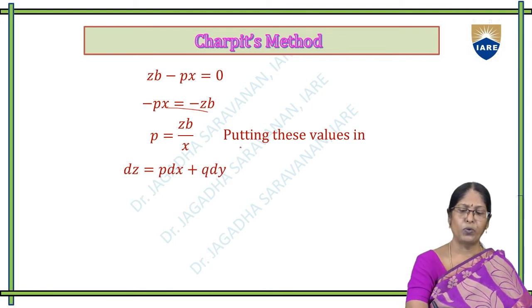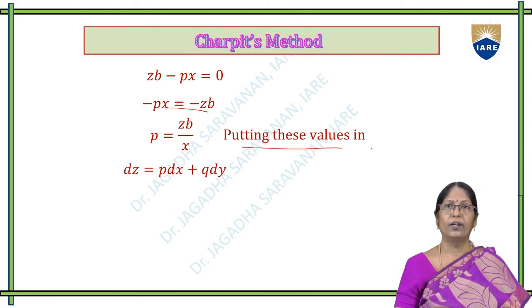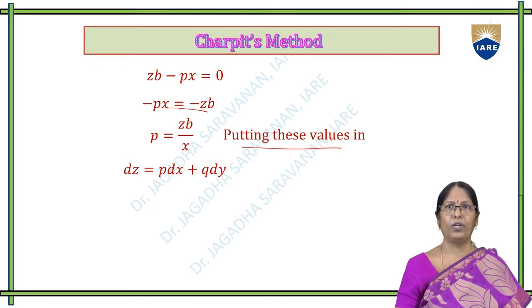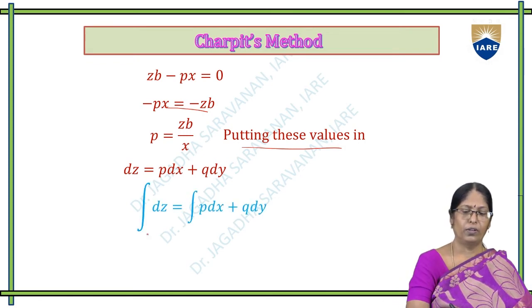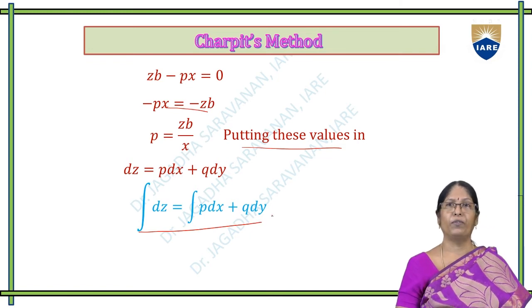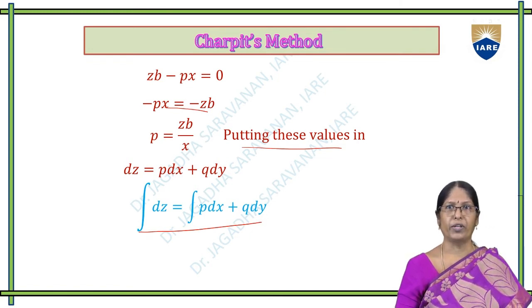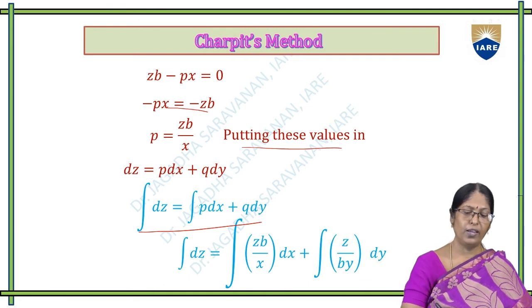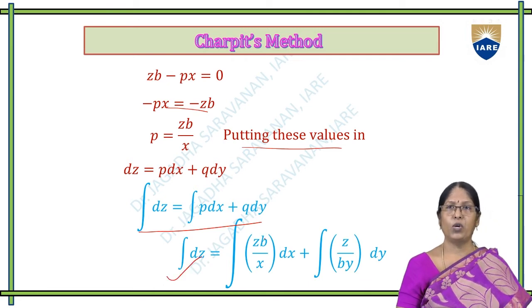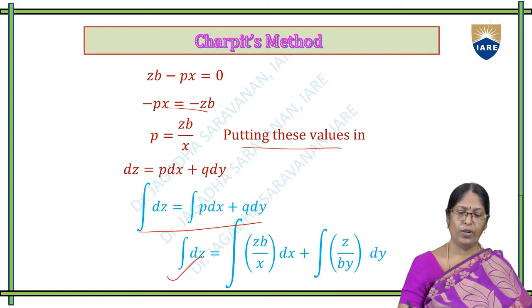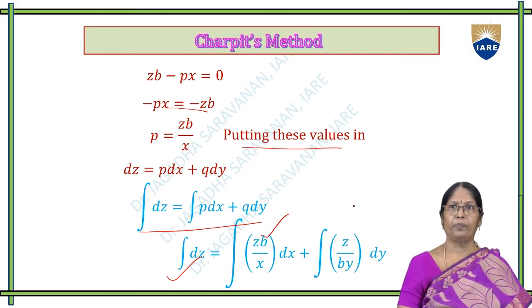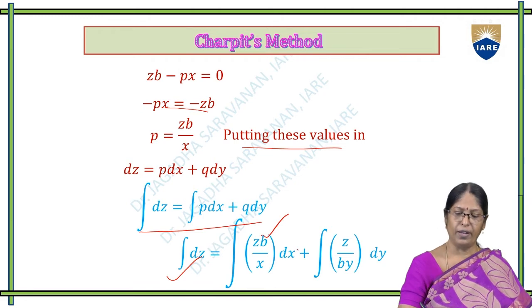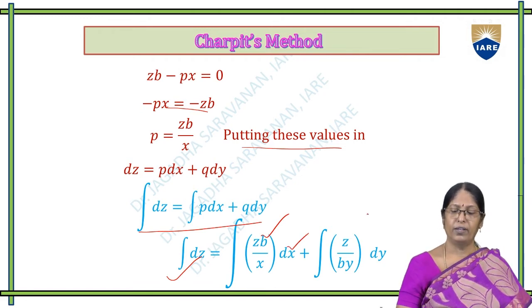So we are going to substitute these values in dz equal to p dx plus q dy. After substitution, we will do integration on both sides. That is, integral dz equal to integral of, we got the value p, that is zb by x dx, plus integral z by by dy.